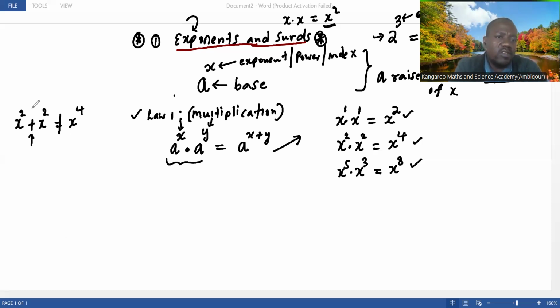So this learner is actually using the multiplication law on the addition sign, which is wrong. These are the misconceptions that most learners make in the exam, and they lose a lot of marks by not understanding the laws.